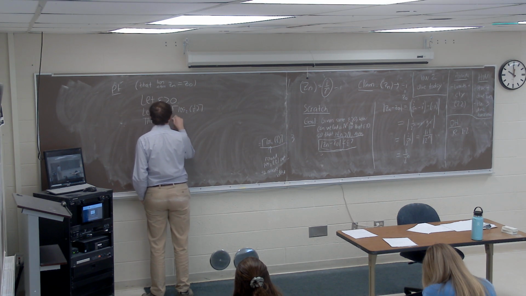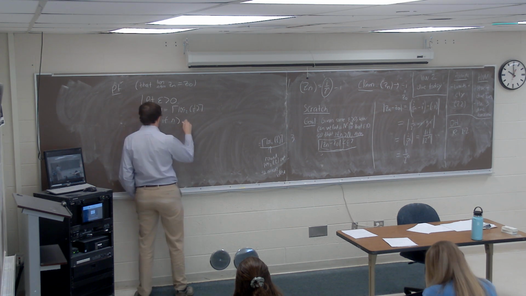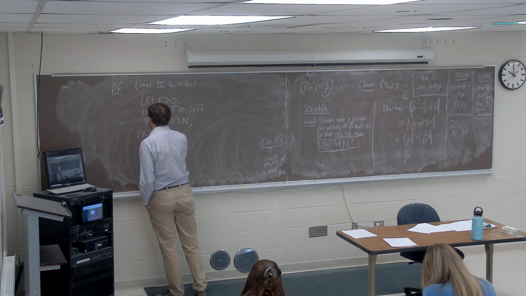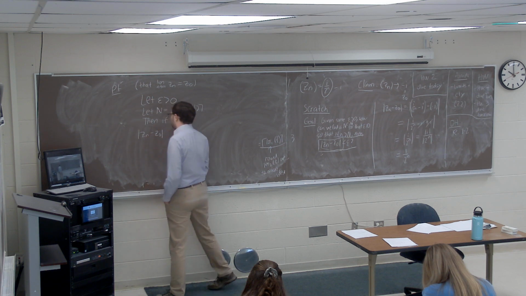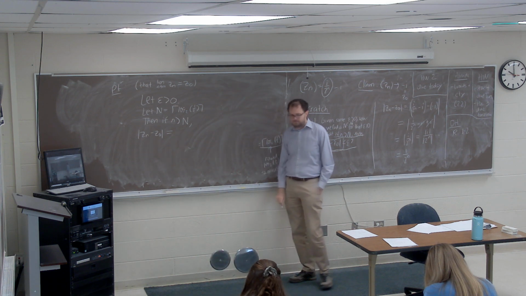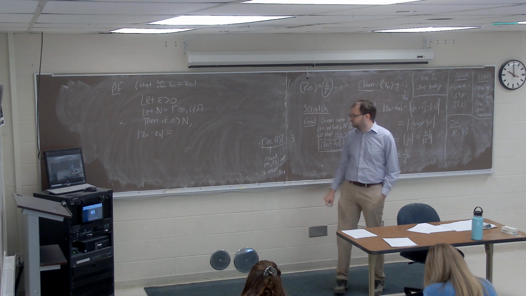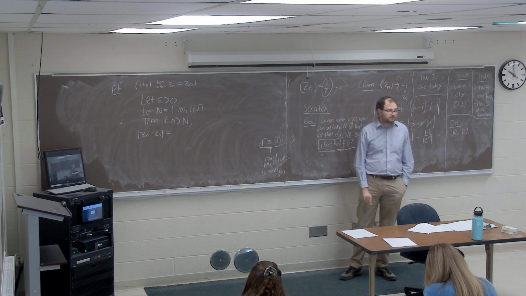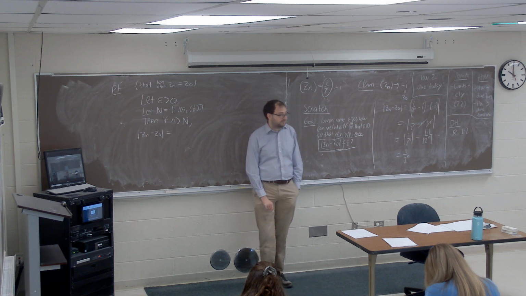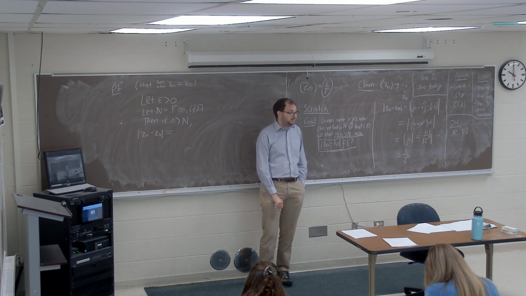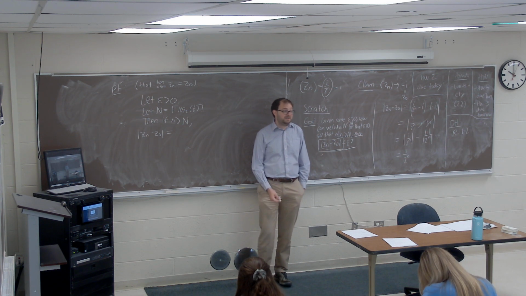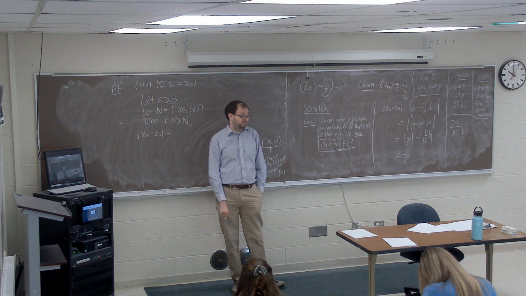So let's assume that we have some little n greater than this big N, and look at the absolute value of z sub n minus z naught. So Caleb, what's our z sub little n and what was our z naught?